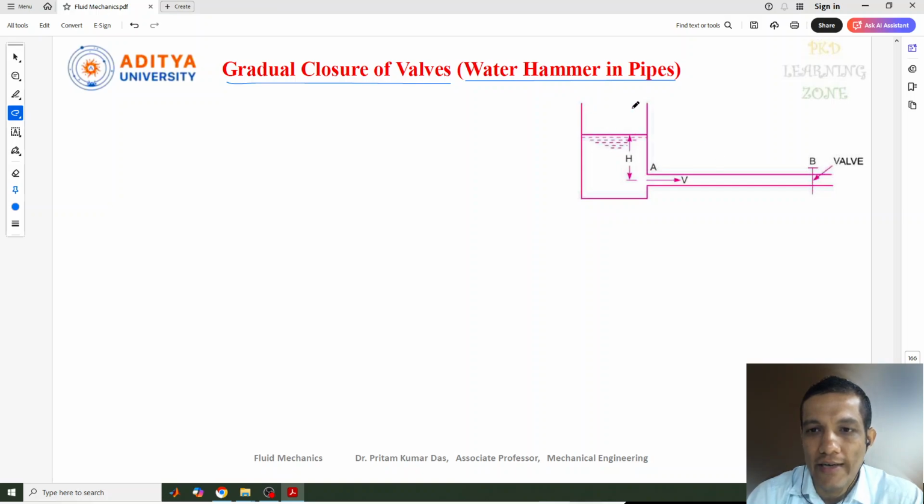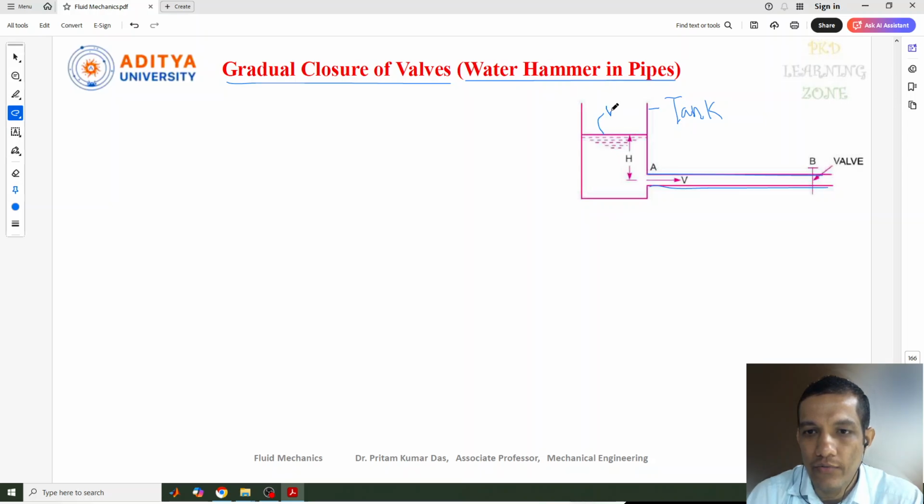Here is the tank that we have considered, and one pipe, AB, is connected to this tank. In the tank, water is filled.